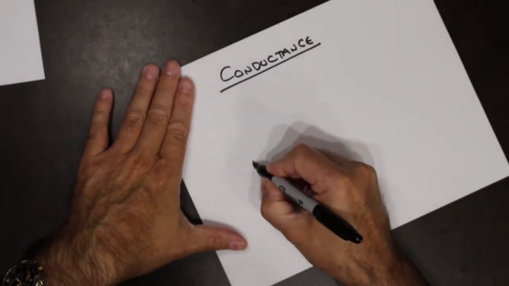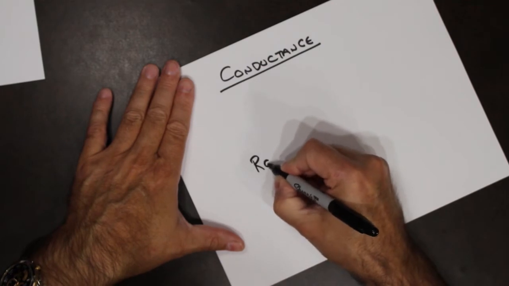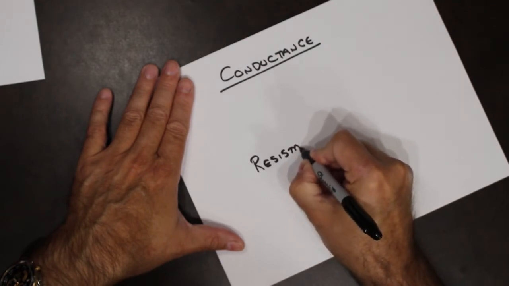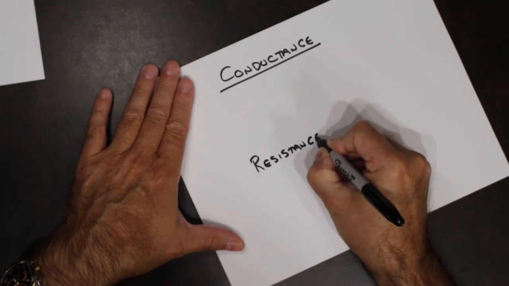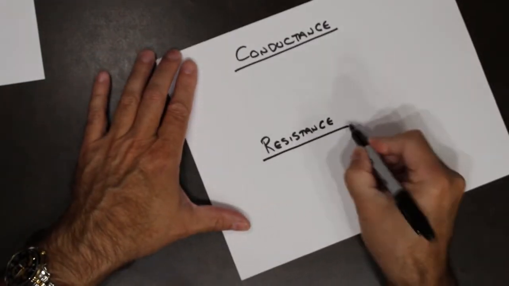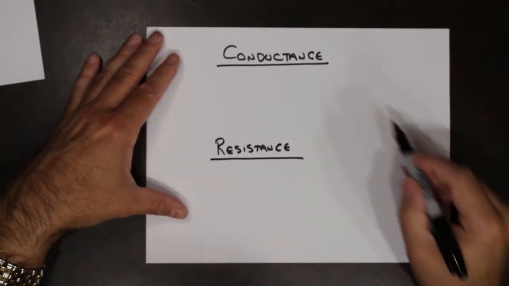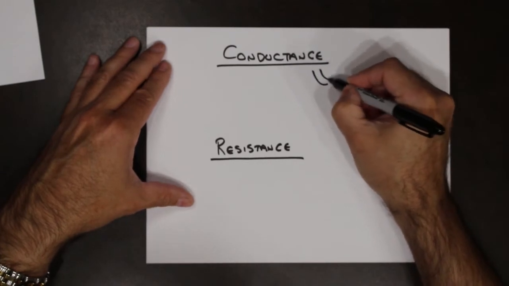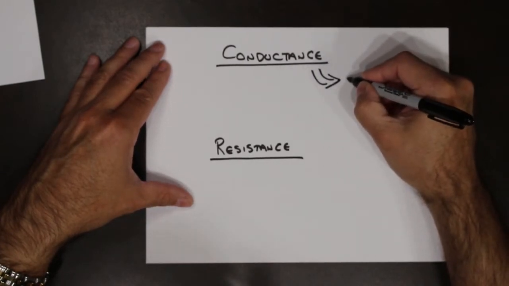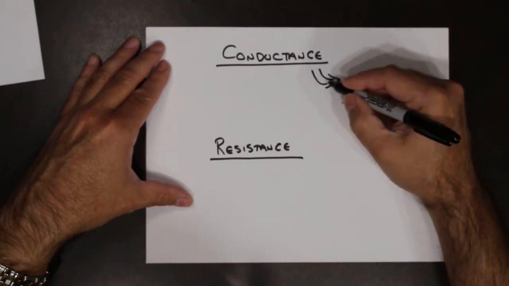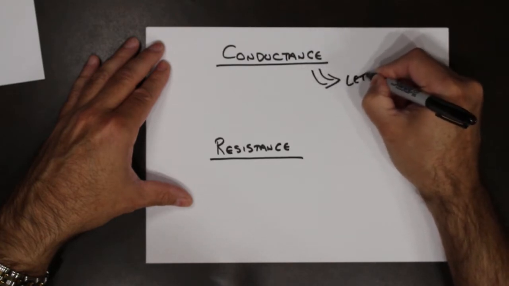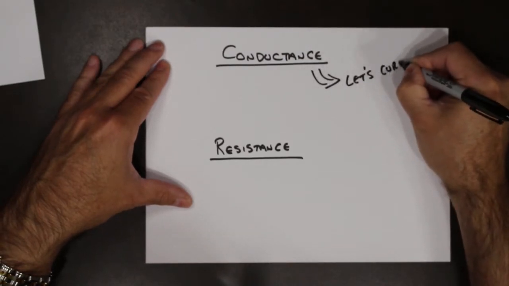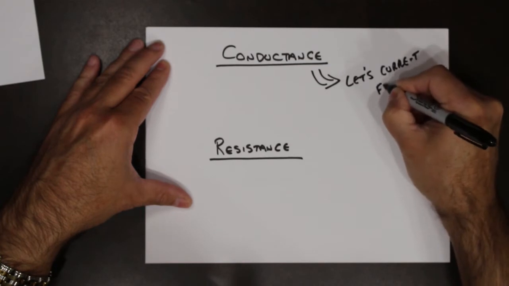So how does that compare to resistance? Well, conductance is the ability to allow current to flow. So conductance lets current flow.